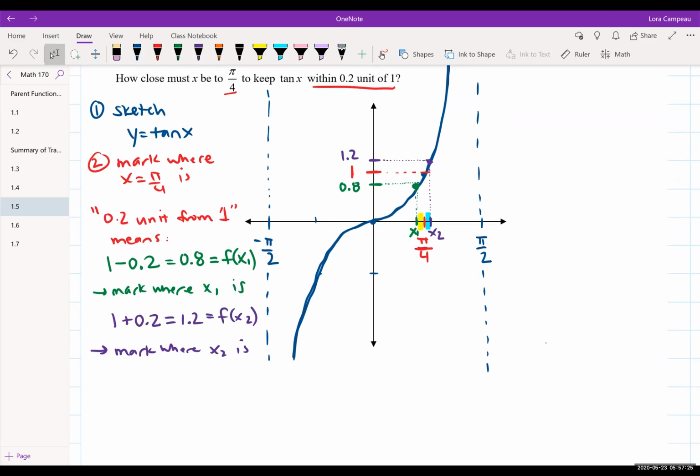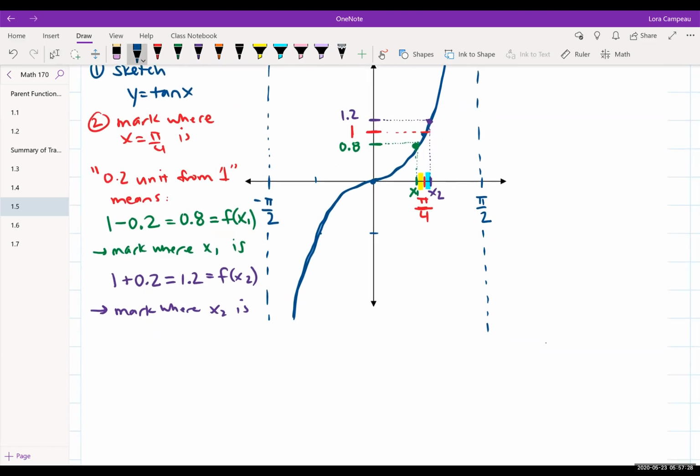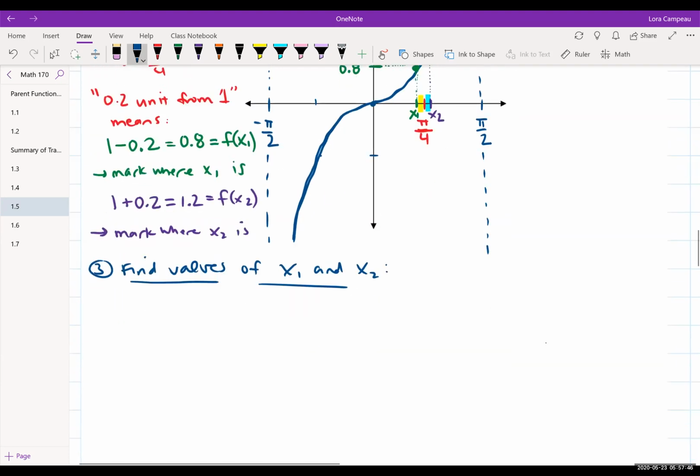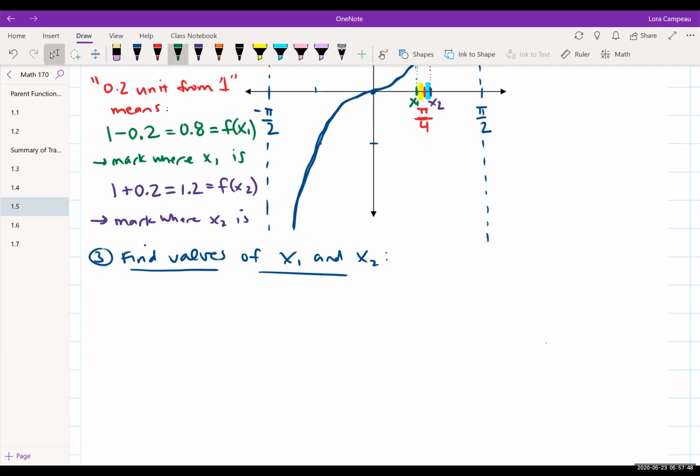So let's see. Next thing I would like to do is find the values of my upper and lower bounds, x1 and x2. So when I do that, I start off with my y values.